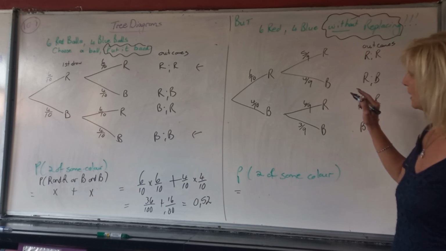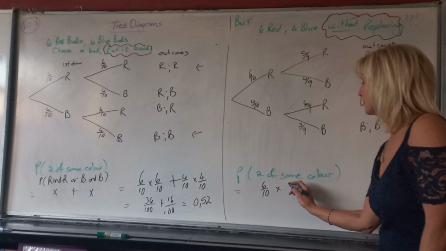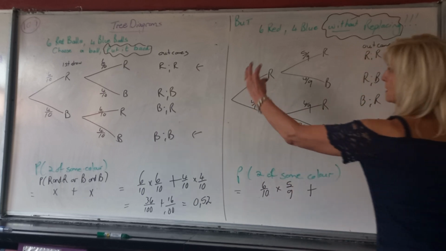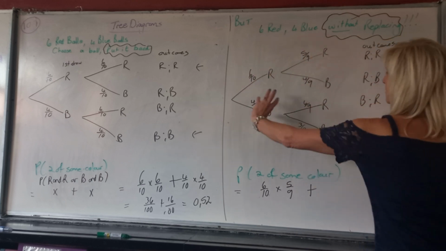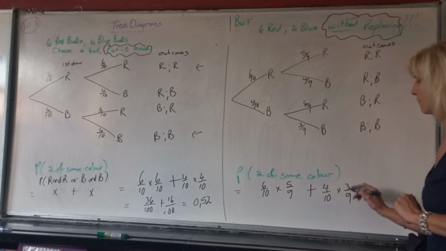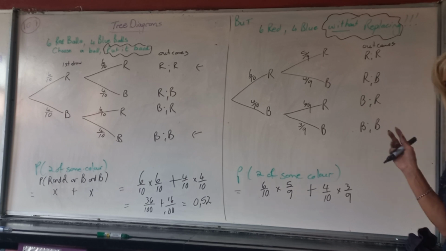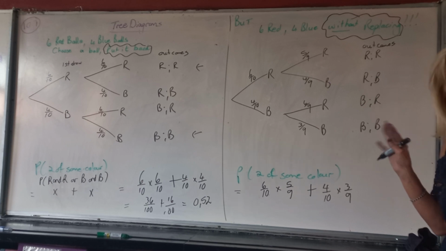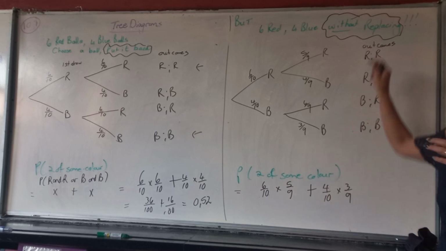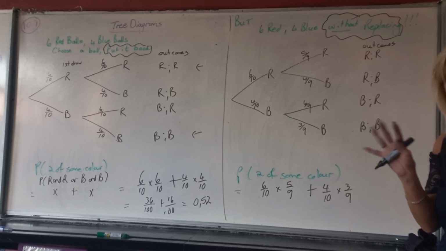So if it was red, red, it would be 6 over 10 times 5 over 9, plus, remember now the trees, times, and the other one is the blue one, plus 4 over 10 times 3 over 9, and that's it. That's how the tree diagrams work. If you could do this without the tree diagram, because you can, it's a little bit tricky because you've got to remember that the next one is only going to be 9 and not 10 because you didn't replace it. Are you with me? Can be tricky, but if you got it, you got it.